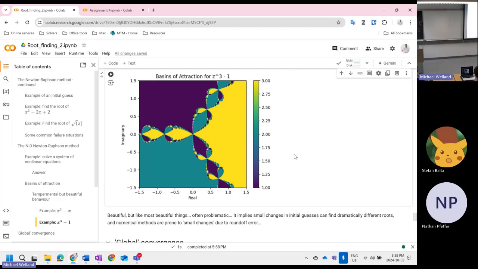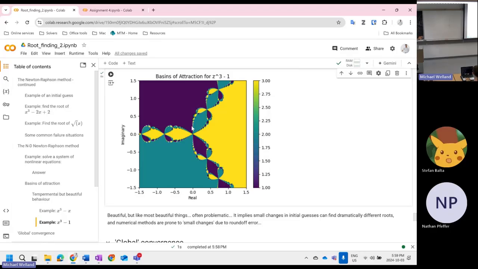What this means is that if you have an initial value, and granted this is for complex numbers, generally speaking we're not going to be working with complex numbers, thankfully, in this course. But if we have these basins of attraction and you're down anywhere near here, even the slightest change in your initial condition is going to converge to a completely different root.